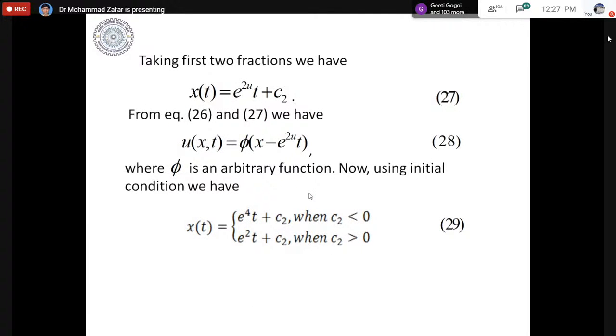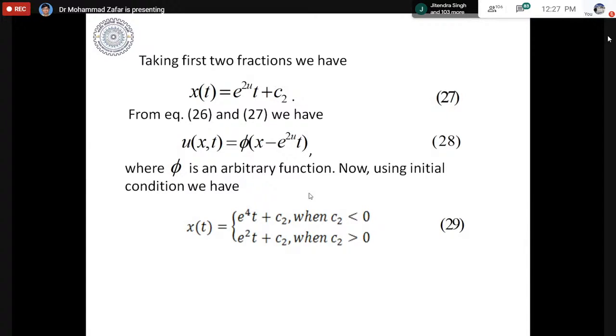Now taking the first two fractions, dx/dt is e^{2u}. So after integration, x is equal to e^{2u} t + c2, where c2 is another constant of integration, different from c1. So we have two arbitrary constants, c1 and c2. One constant can be written in terms of the other by using some arbitrary function.